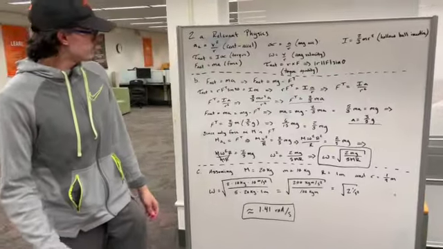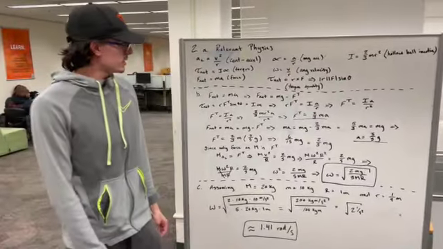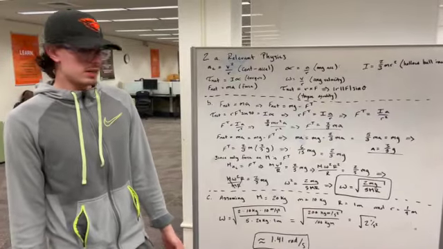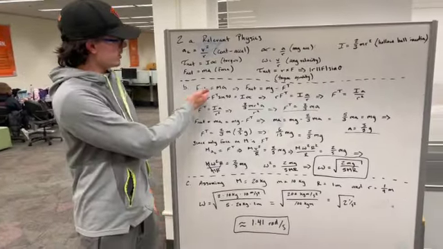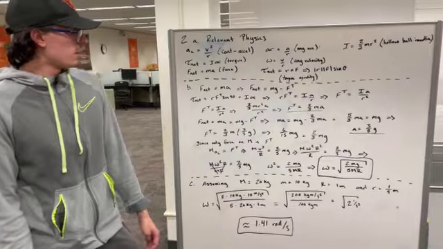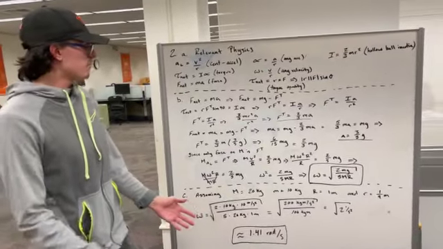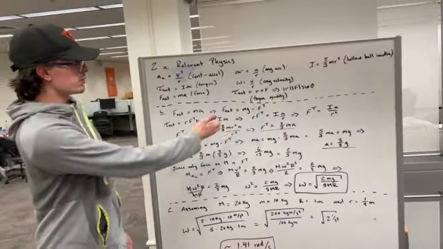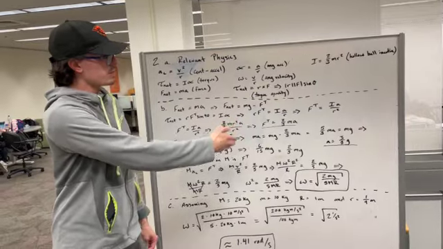All right, so when we went about calculating the symbolic answer to this, we first started with F net equals ma, and we determined that the net force acting on the system is equal to the mass of the sphere times gravity minus the force of tension.